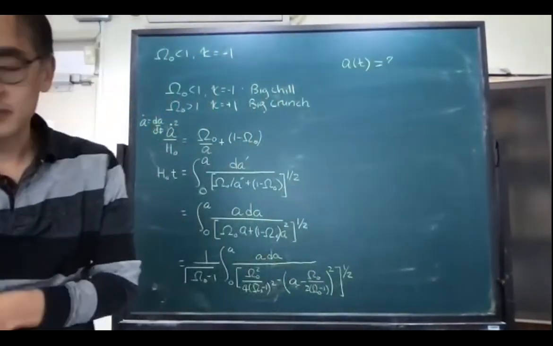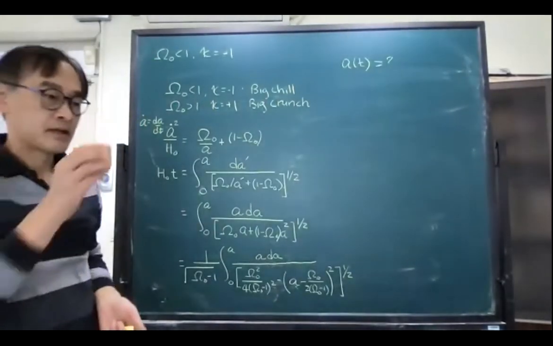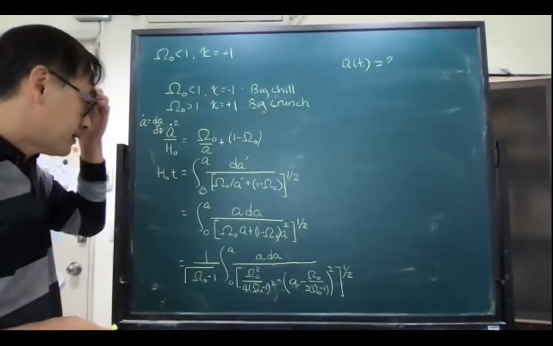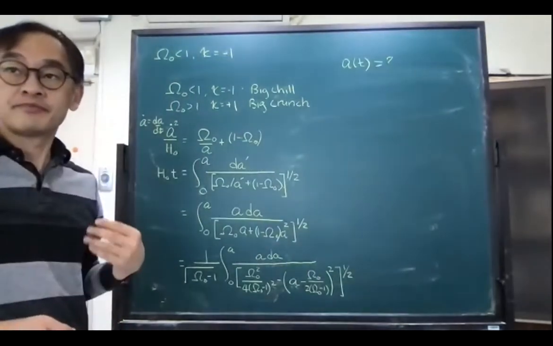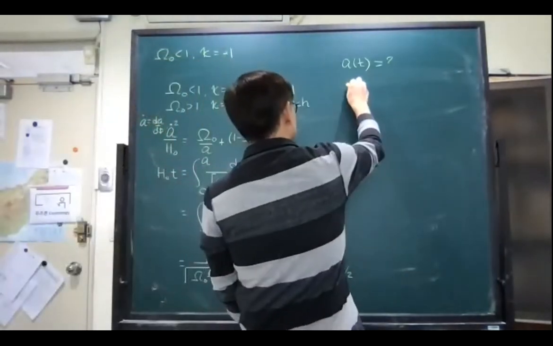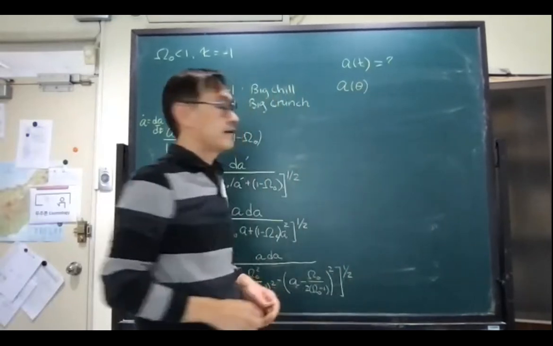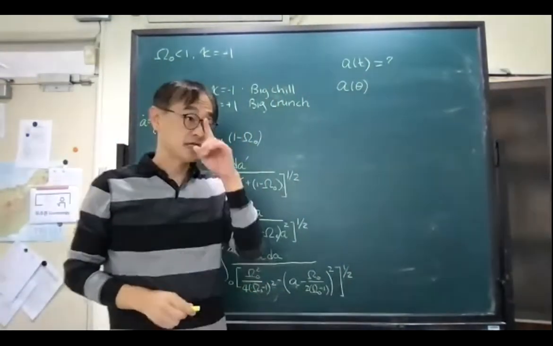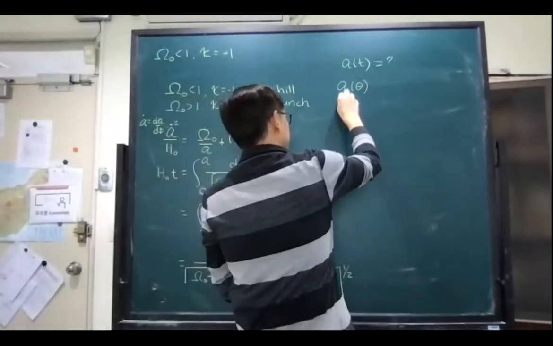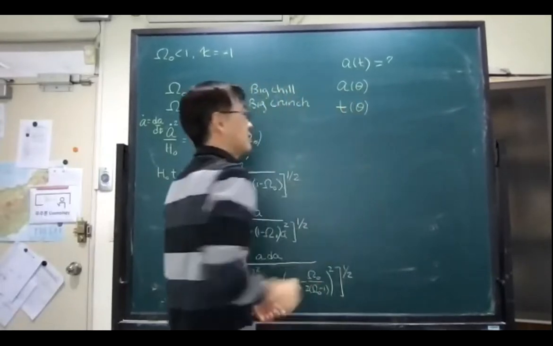But in this particular case, the analytic form is not closed form, it's a parametric form, which means I have an expression of the scale factor in terms of something else, and my time t is also expressed in terms of something else.